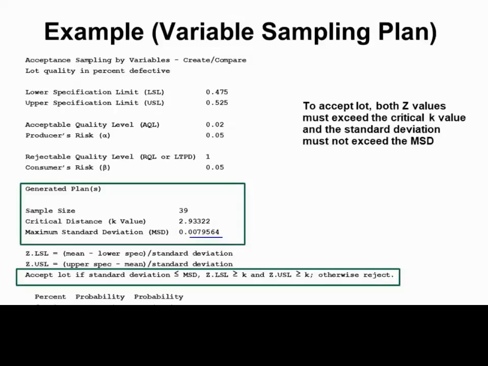So to pass, as it says down here, you have to calculate these z-values that we talked about a minute ago and make sure that they exceed 2.93 on both the lower and the upper. Then you're going to accept the lot, assuming that you don't exceed the maximum standard deviation, your z lower is bigger than k, and your z upper is bigger than k.